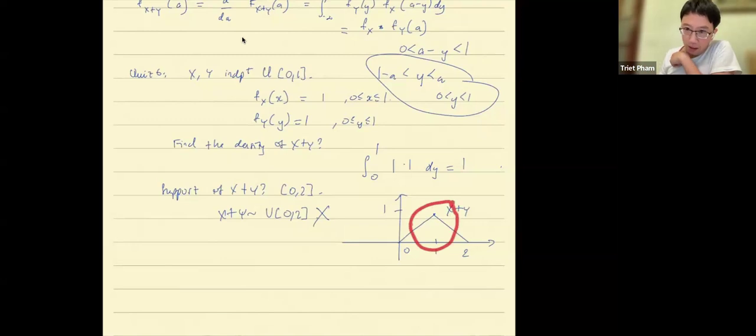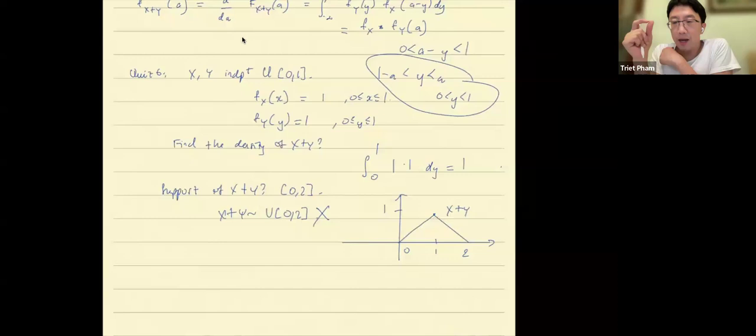This says that the sum has the high density over the mid value, which is 1, meaning it's most likely to be in the middle, and less likely to be at the extremes. The sum can take any values from 0 to 2, but the most likely part is in the middle.